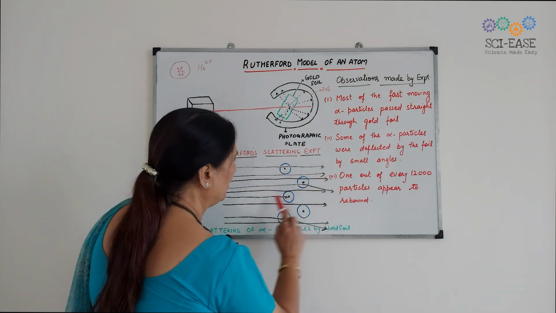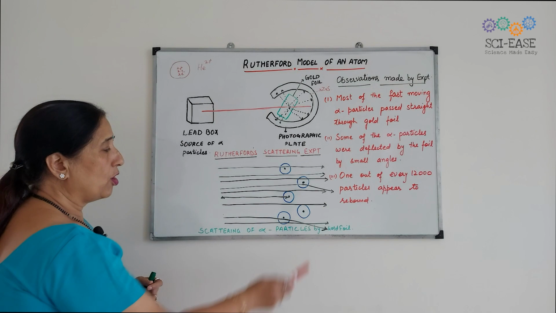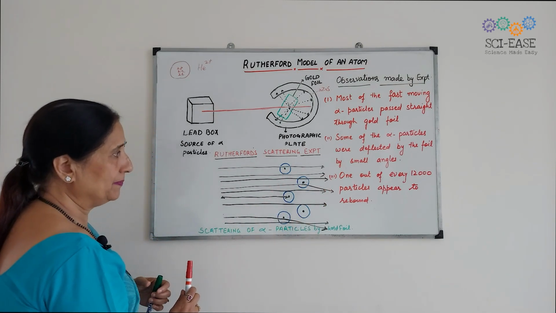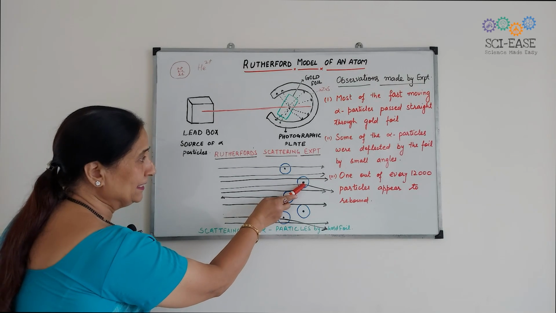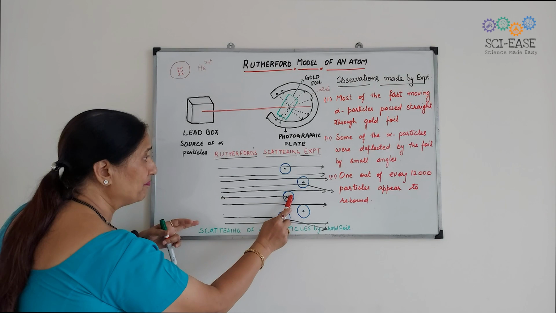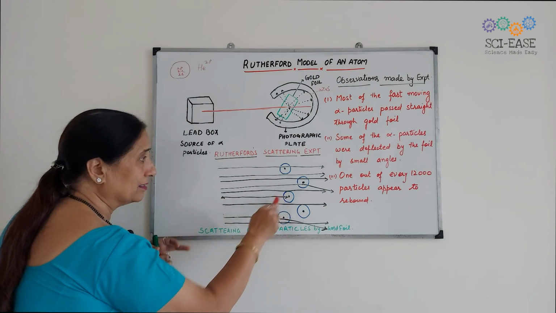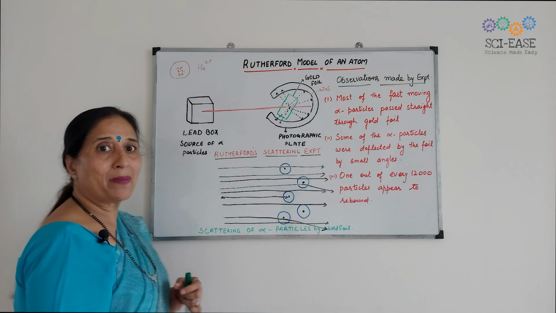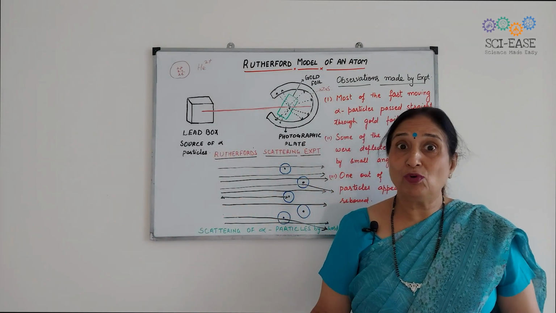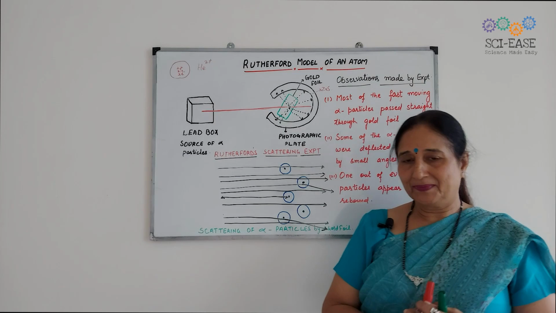Most of them went straight. And second, there is a small deflection when they pass near the center of the atom, and some of them, when they strike the center of an atom, will bounce back. He was totally surprised.